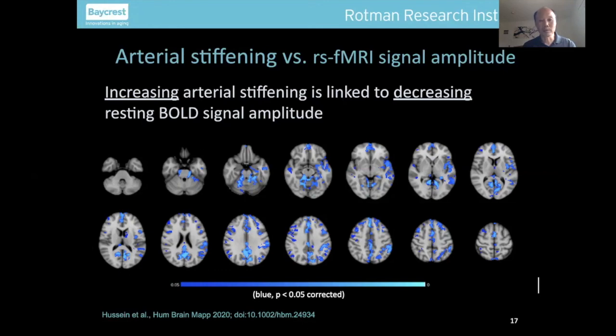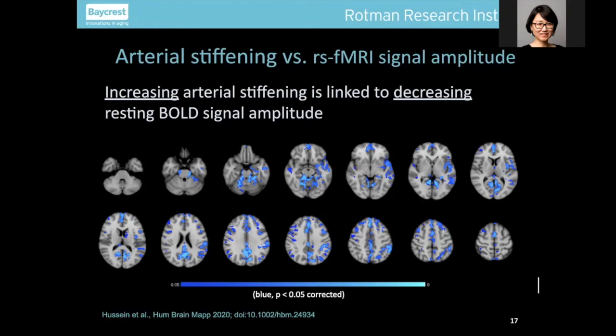I guess the Cardiff group has argued that you can look at the fluctuations due to heart activity in the smaller vessels to look at compliance. Do you have a sense of, if you were able to add one scan to every resting state fMRI protocol, what would be the most helpful to add to get the information that could help us interpret what is vascular versus what is neuronal?